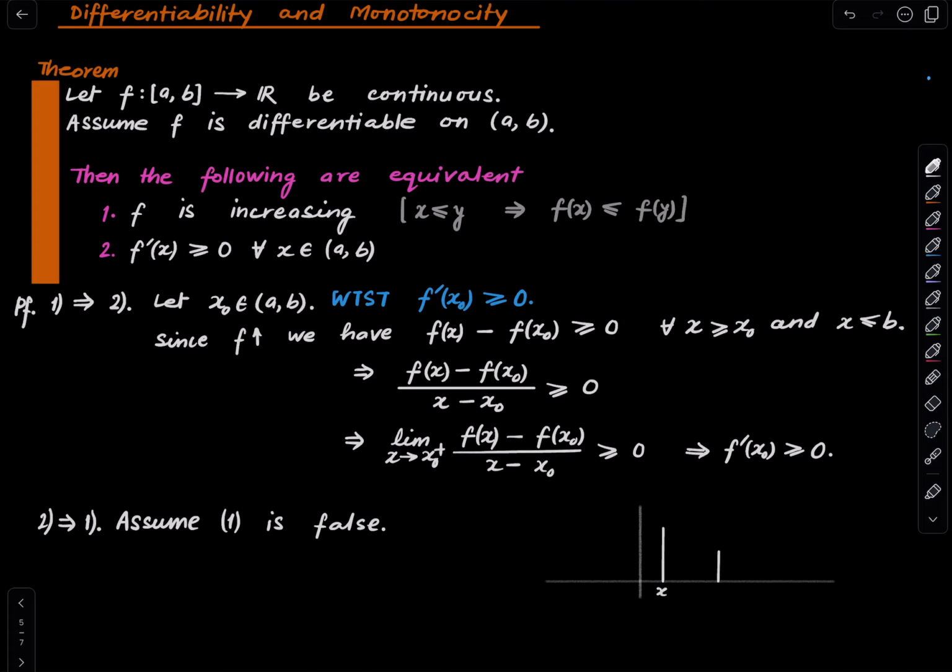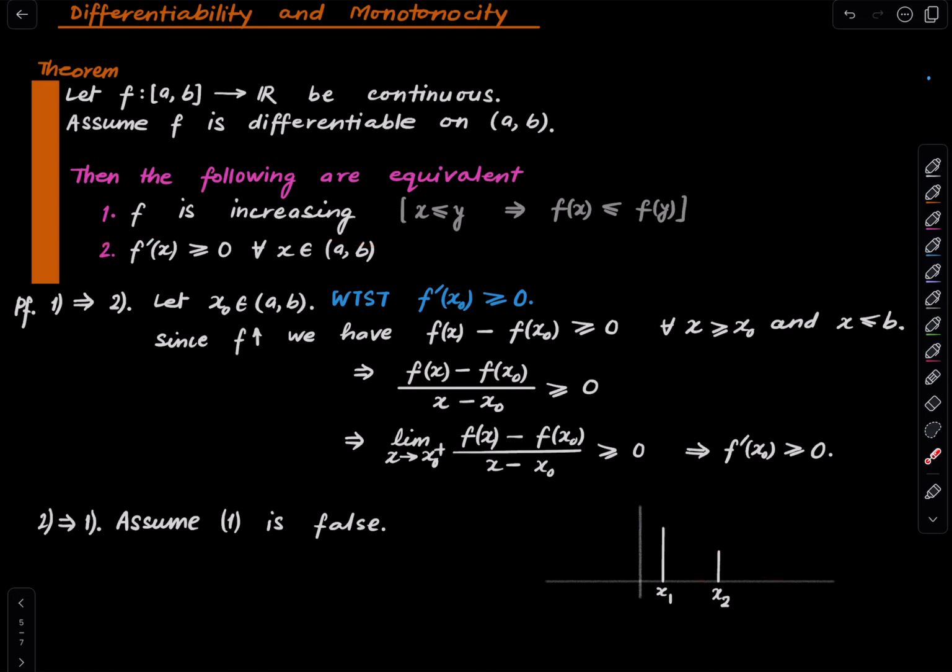So maybe there are 2 points x1 and x2 in the domain such that the value at x1 is more than the value at x2. But if you apply now the Lagrange mean value theorem, you'll see that the slope at some point in the middle will agree with this slope, but this slope is negative, and that contradicts 2.